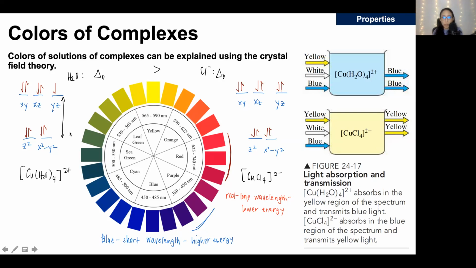So that means it should absorb in the blue region and it should be yellow. But for the chloro, since it has lower energy gap, then it must absorb longer wavelength, right? Because it has a smaller crystal field splitting. However, as we observe here, that is contrary to what is observed.